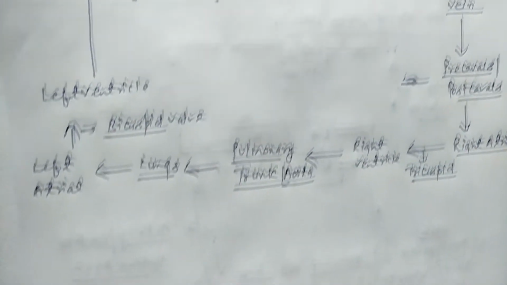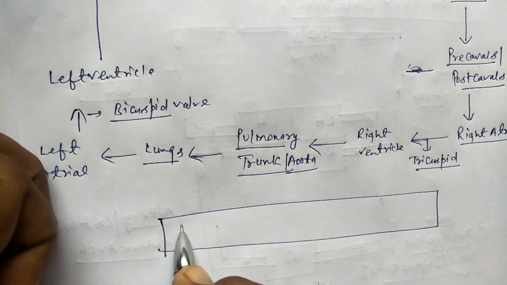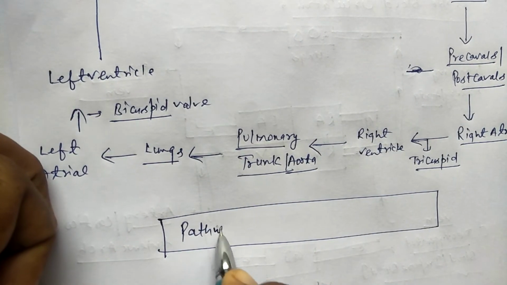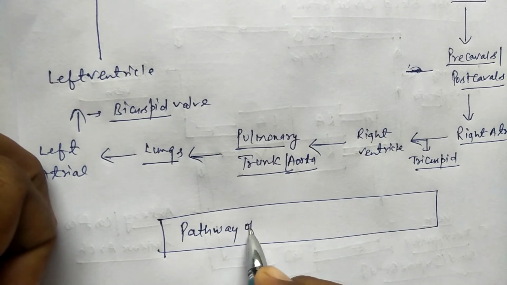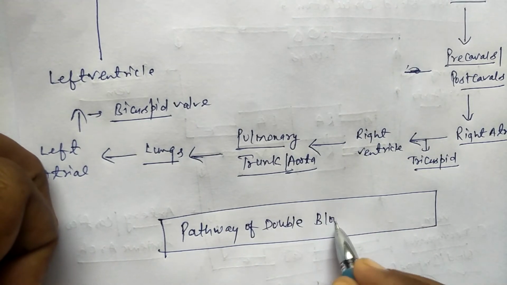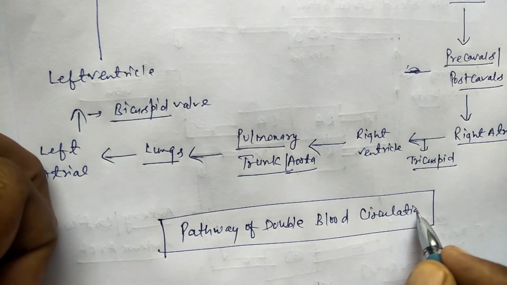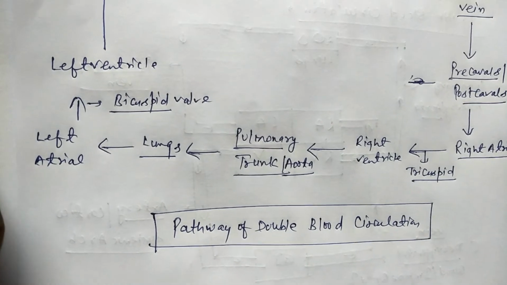This is the pathway of double blood circulation.